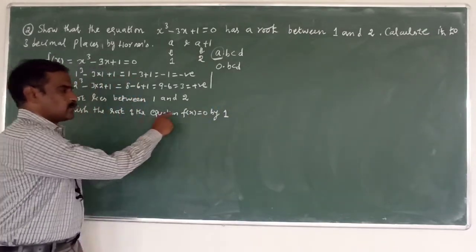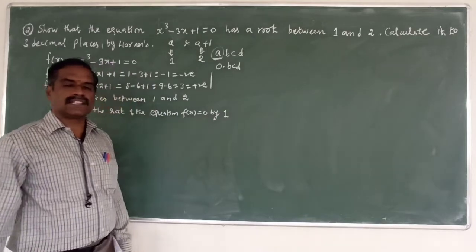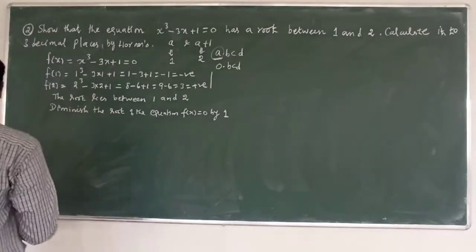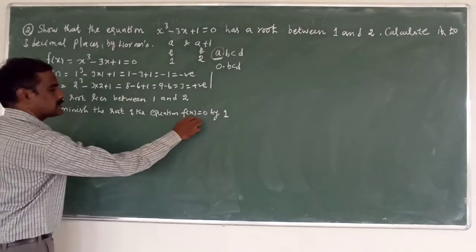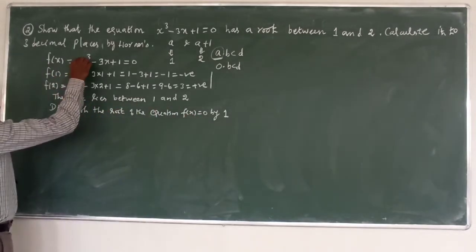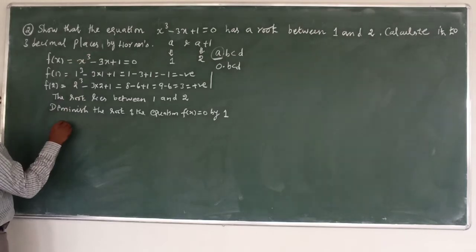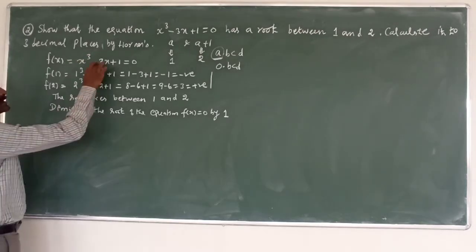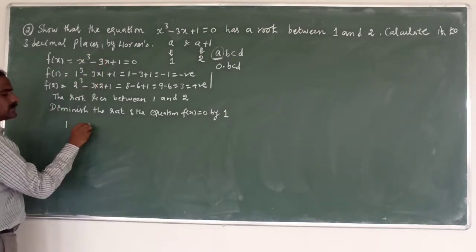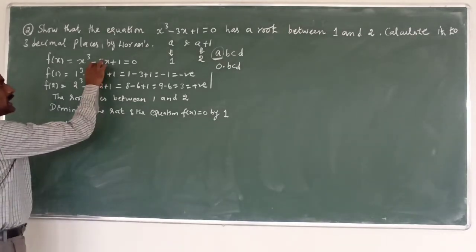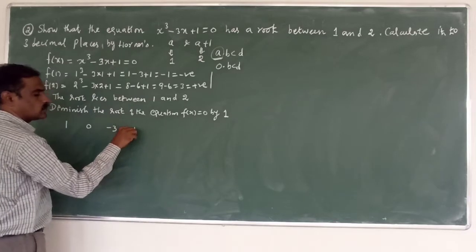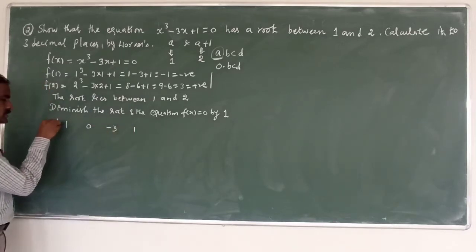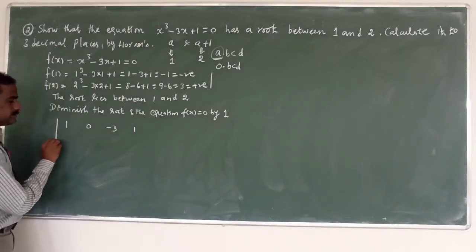Now, to diminish by 1, we use the synthetic division method. Here x cube coefficient value 1, x square not available so we fix 0, x value minus 3 and constant value 1. Now we have to use the synthetic division method.